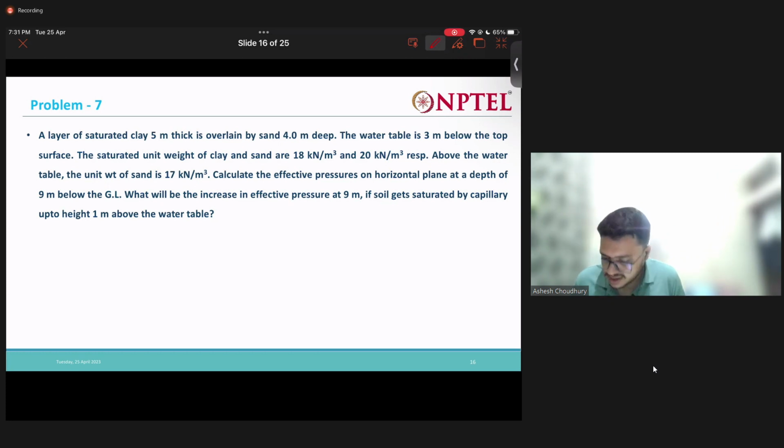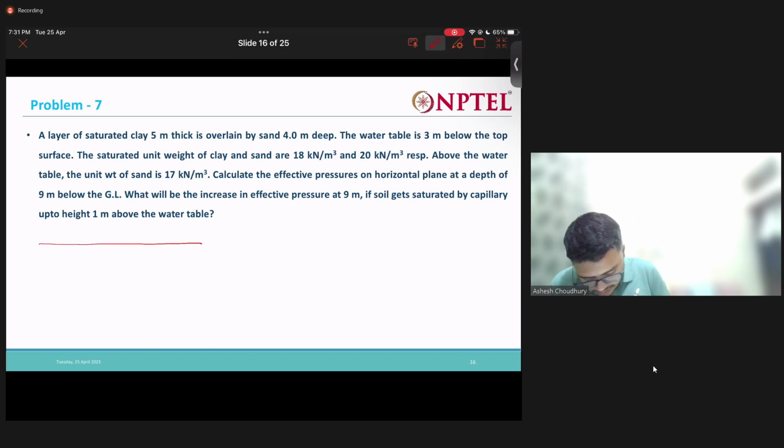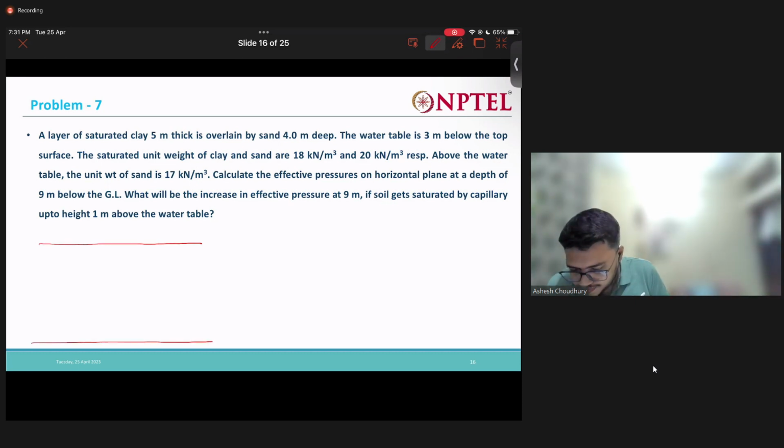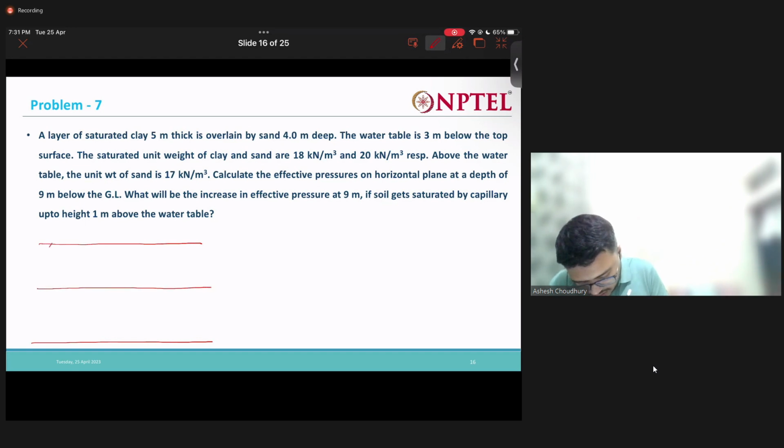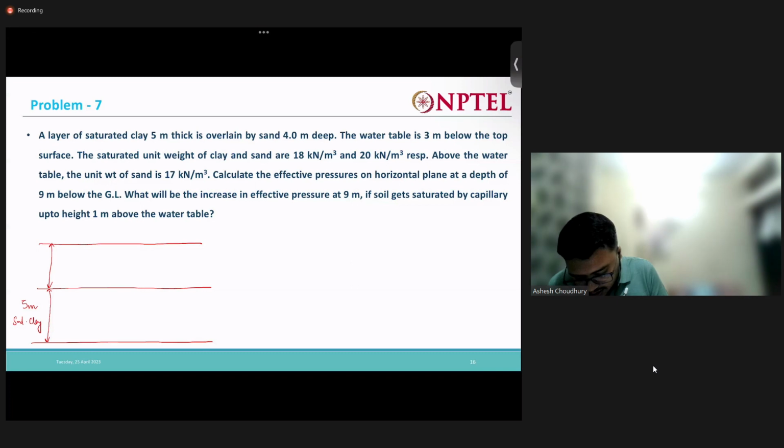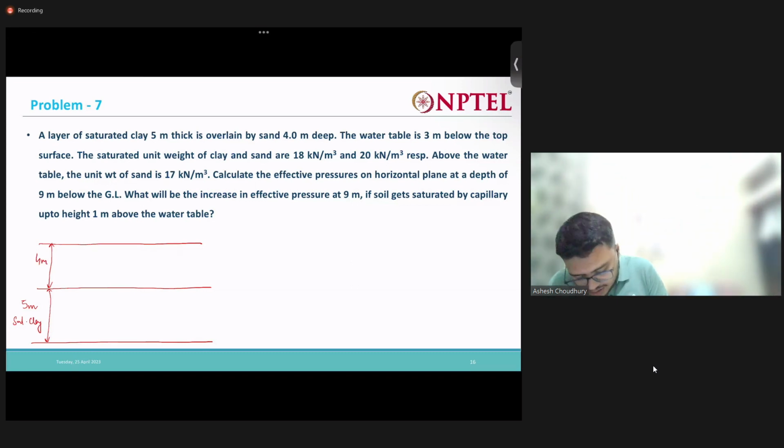So let us first solve this slowly, step by step. Let us first draw the diagram. So there is sand, and this is our saturated clay, and this is my sand.